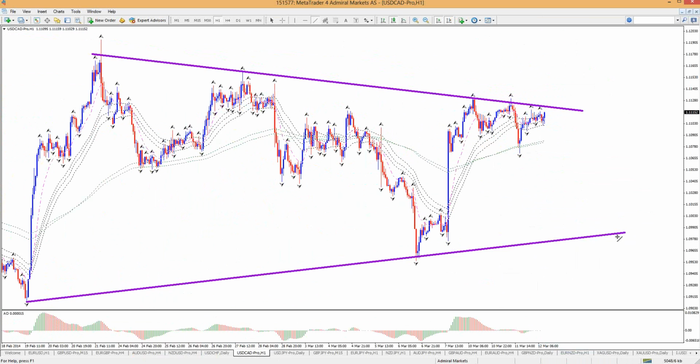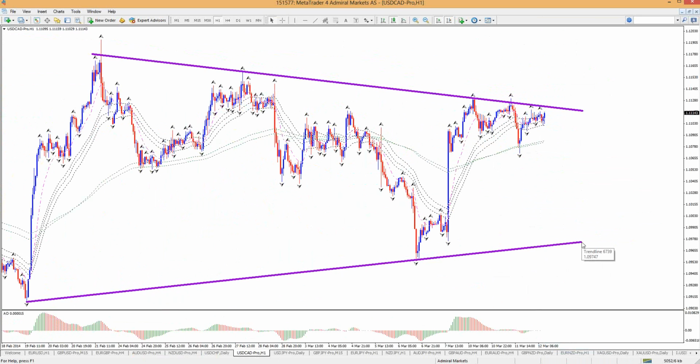And when we have a triangle, the triangle itself is indicating a consolidation. What does consolidation mean? That means price is ranging. Price is stuck between two levels.